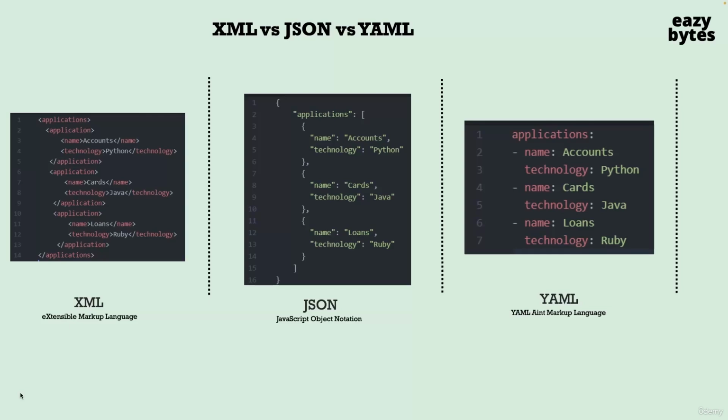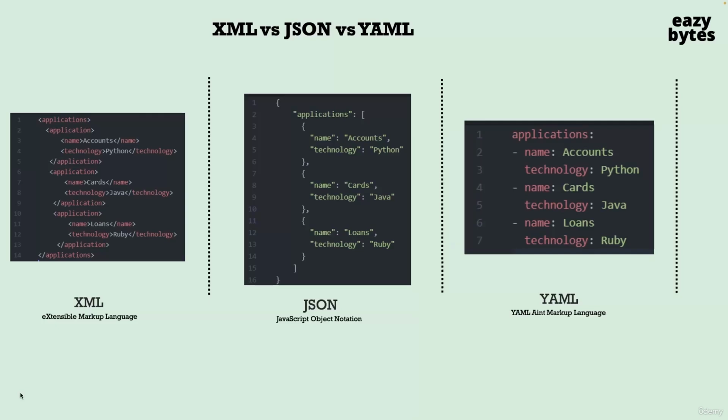So that's where the industry started moving into a new data representation or config representation, which is YAML. YAML is super easy for humans to write and understand, because it only follows a spacing structure or indentation.